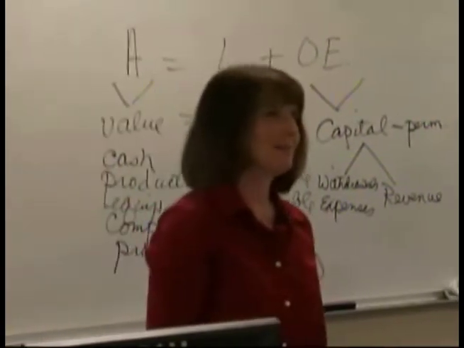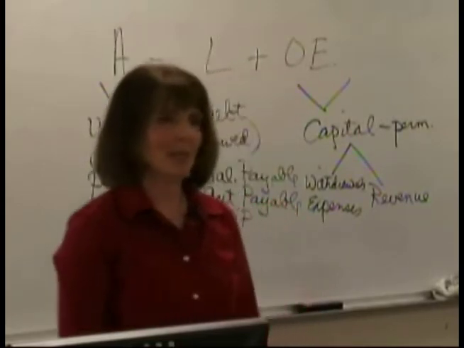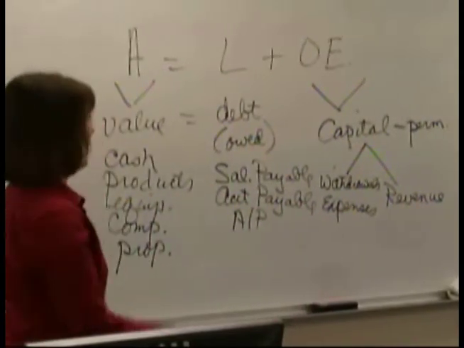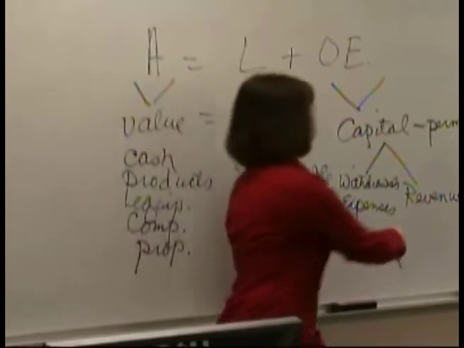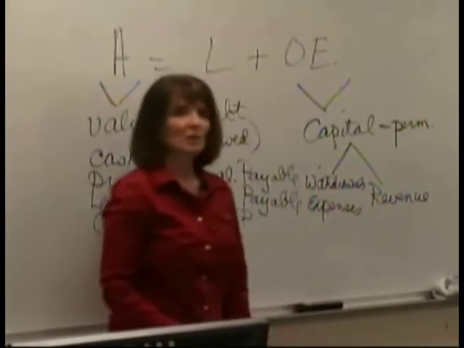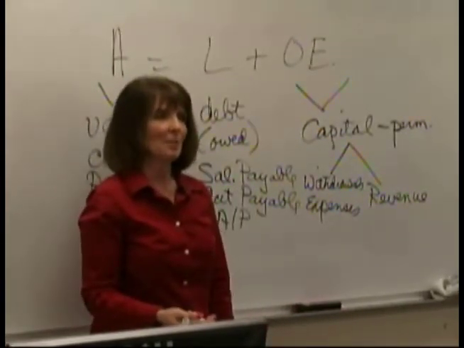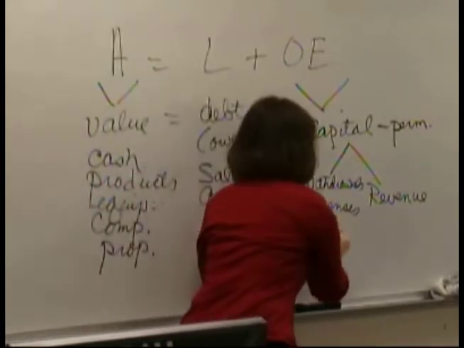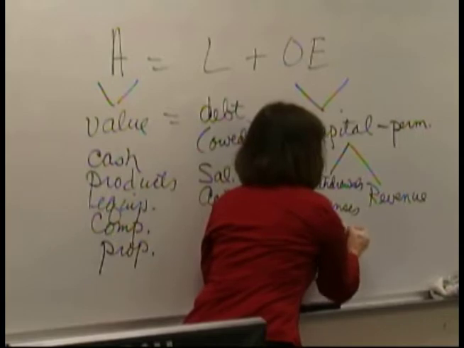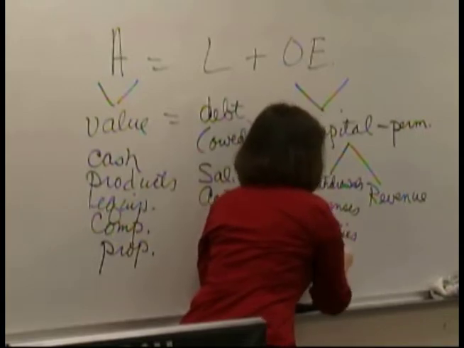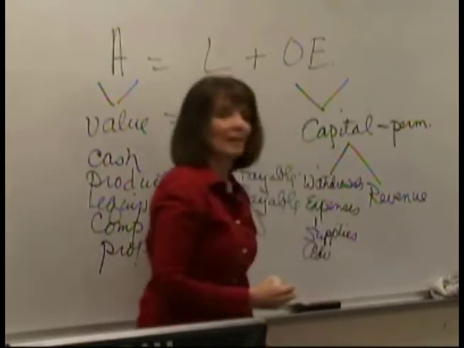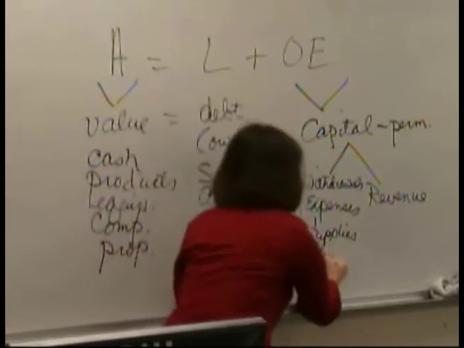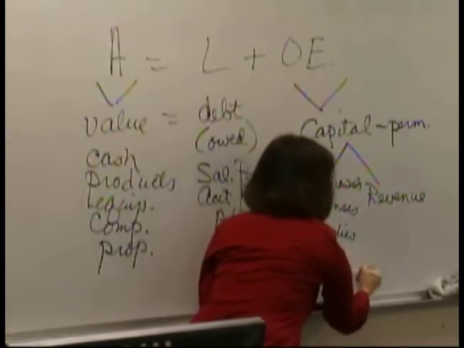Unfortunately, to make money, we have to spend money. So we have a lot of expenses associated with this revenue. Give me an example of some expenses that a business would have. Advertising. Okay. So salaries expense.